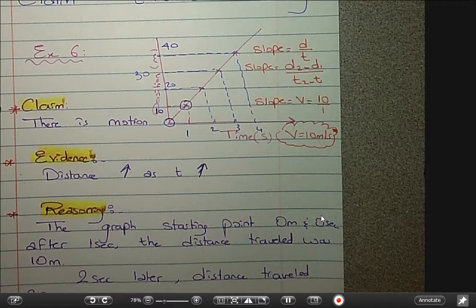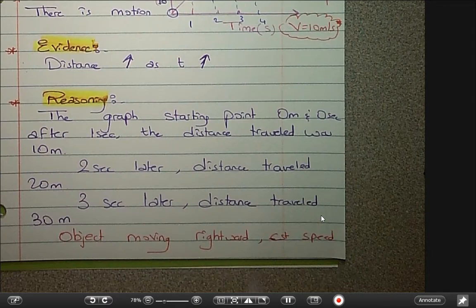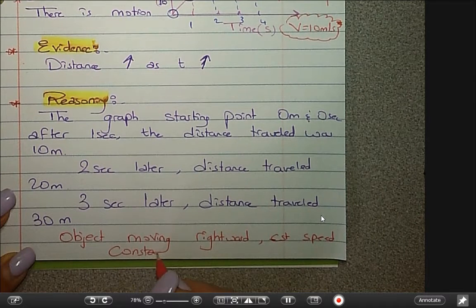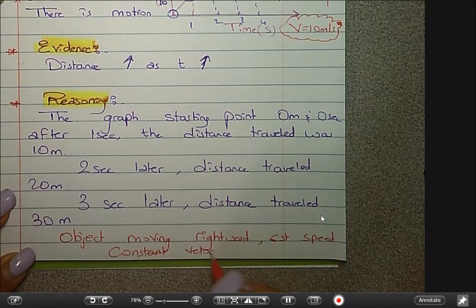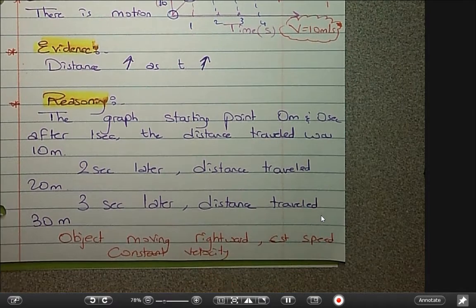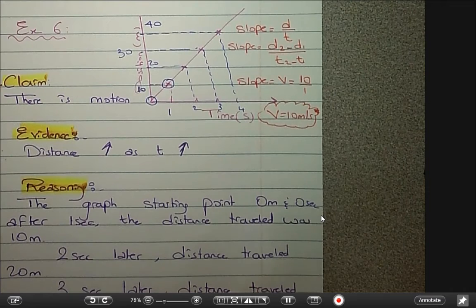So here it's very important that you write this is a constant velocity. So when you look at the graph, you know it is a constant velocity. What else? Is it enough to say constant?